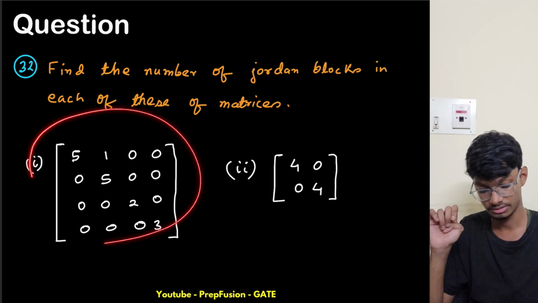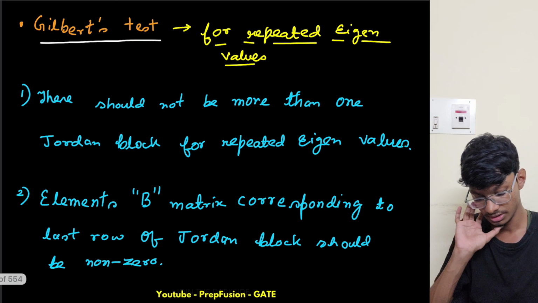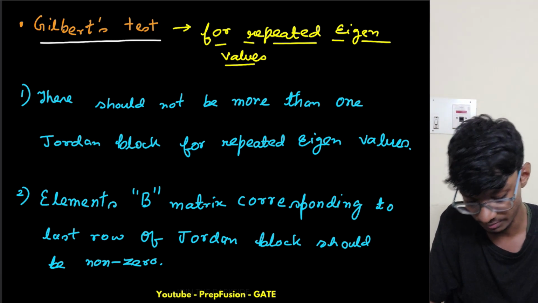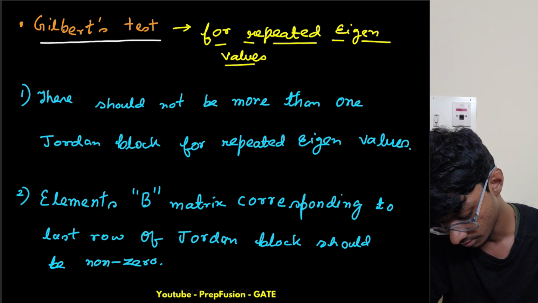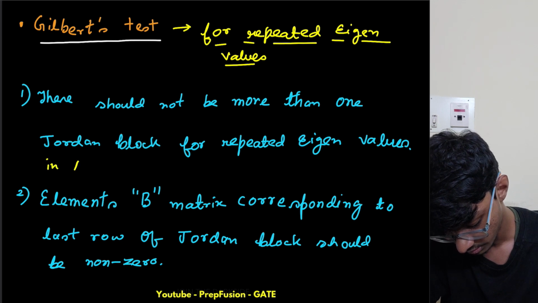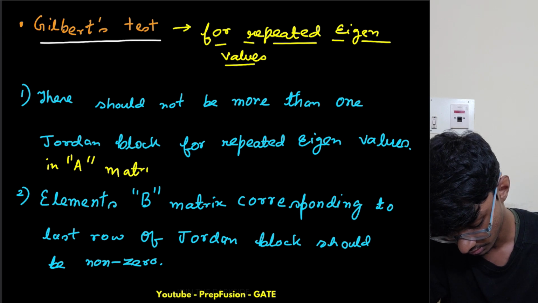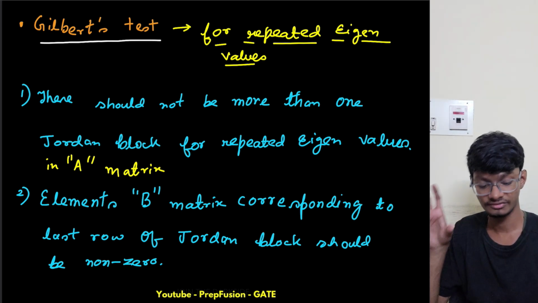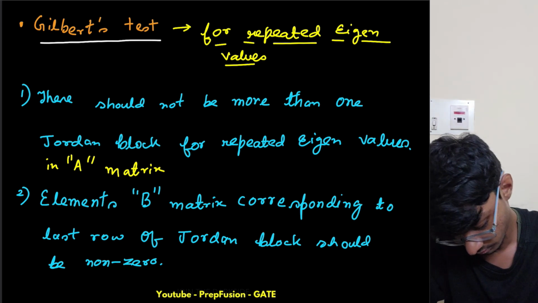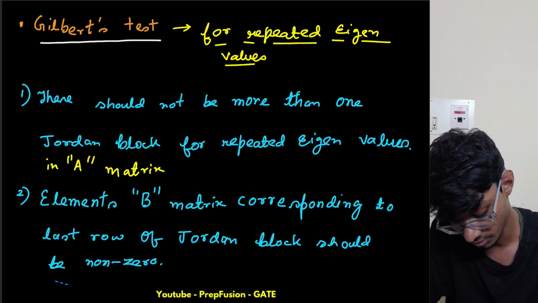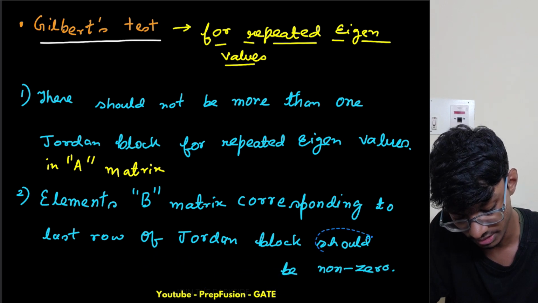This is a matrix, so there should not be more than one Jordan block for repeated eigenvalues in the A matrix, or you can also say the system matrix. All these are defined for the A matrix.